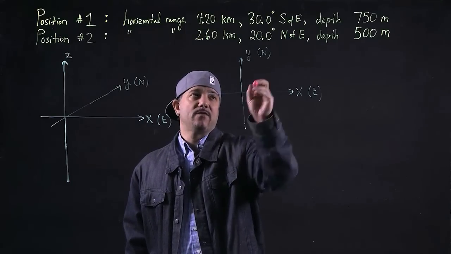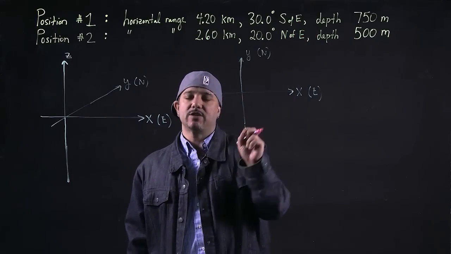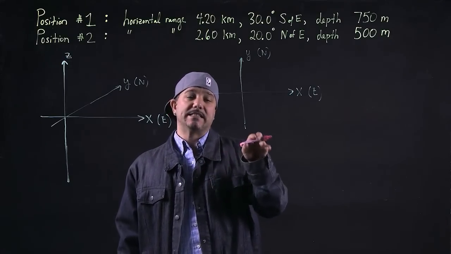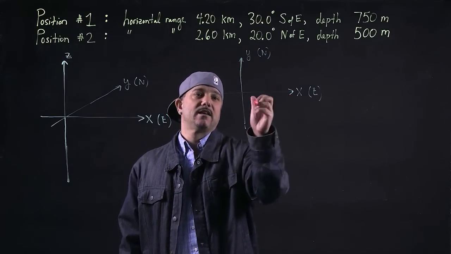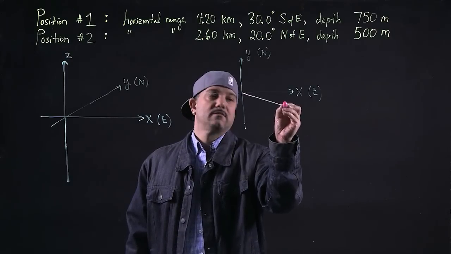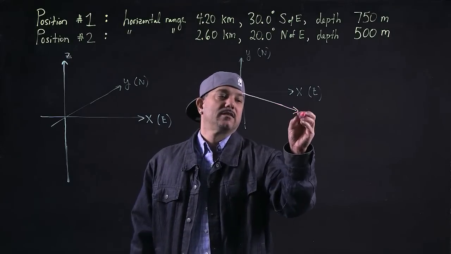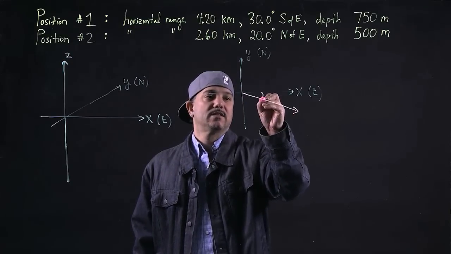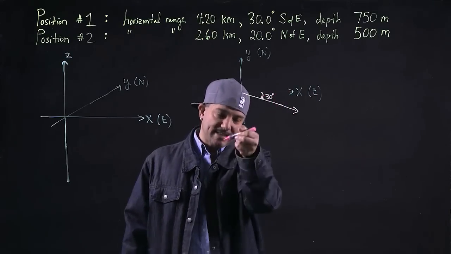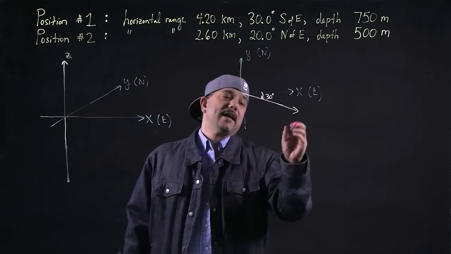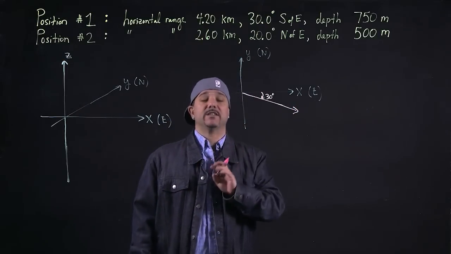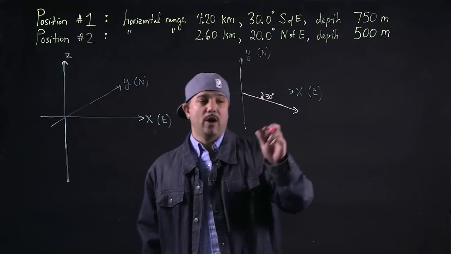The second direction is your primary direction, so east, and we're going to go 30 degrees south of east. So this is 30 degrees, and there's east, and now we're going south of east. And that's the 2D position of the whale at time 1.